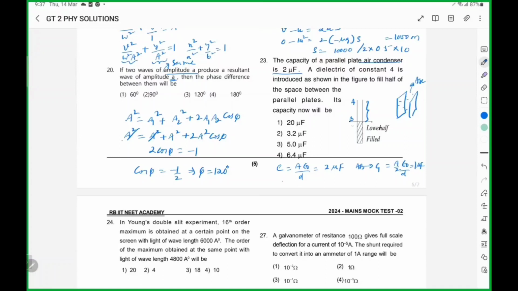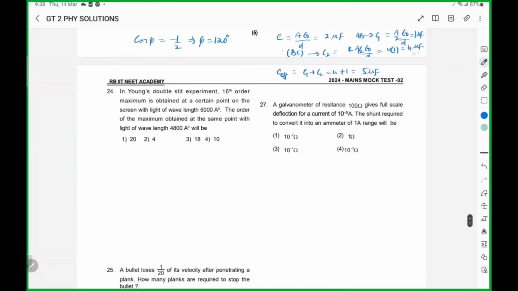When it is filled with dielectric, the capacitance of that capacitor will be K here is 4, into 1, 4 microfarad. These two are connected in parallel. Effective capacitance is 4 plus 1, 5 microfarads.